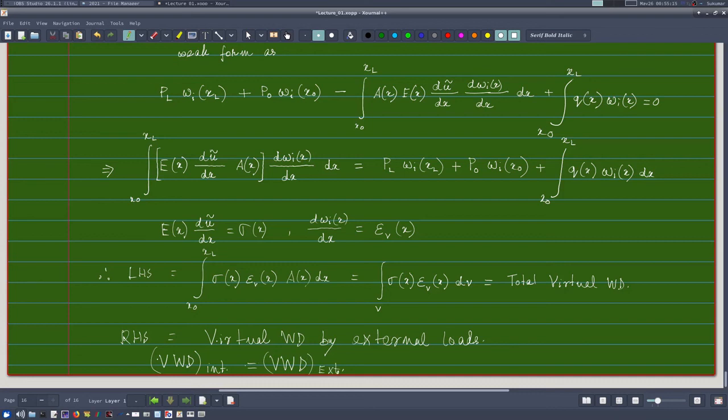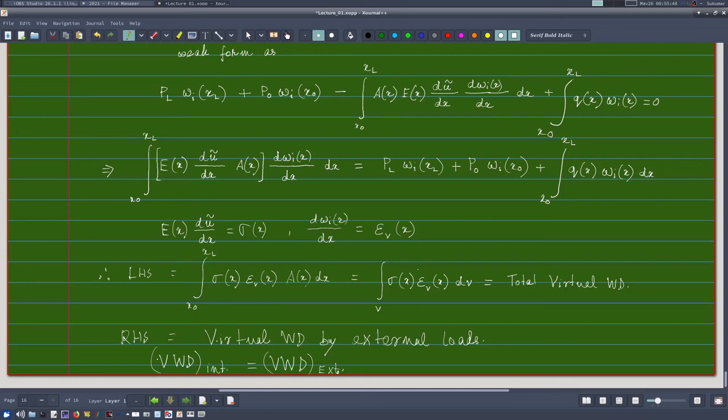Since this virtual work principle is a very popular philosophy and method of finding solutions in structural mechanics, therefore this Galerkin's method of weighted residual, since it is expressed in terms of the virtual work principle, is a very popular method in formulating the finite element method.